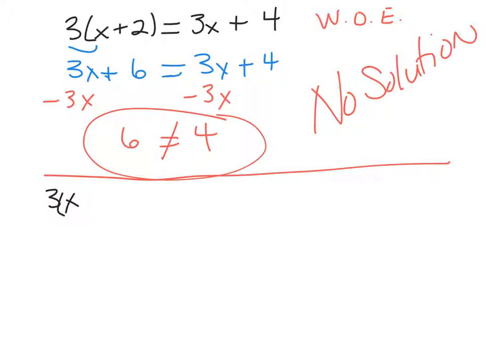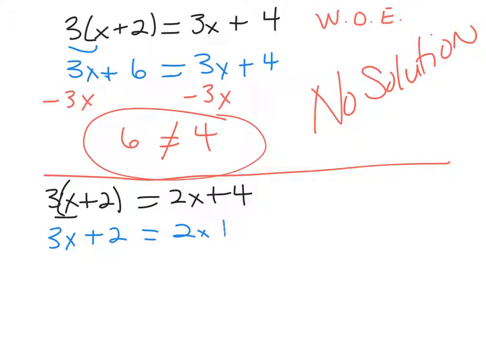3x plus 2 equals 2x plus 4. Once again, we use the distributive property, and we end up with 3x plus 2 equals 2x plus 4. We can subtract 2x from both sides. We will end up with 1x over here plus 2 equals 4.